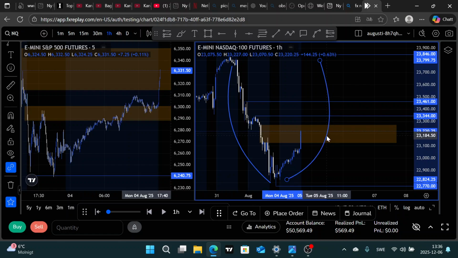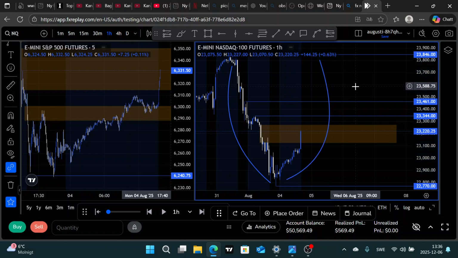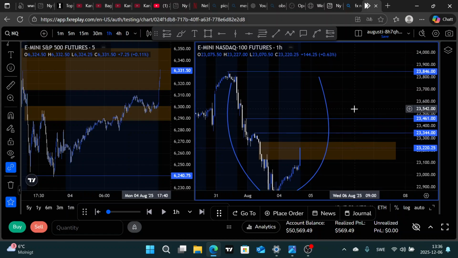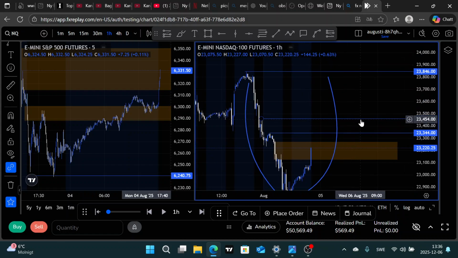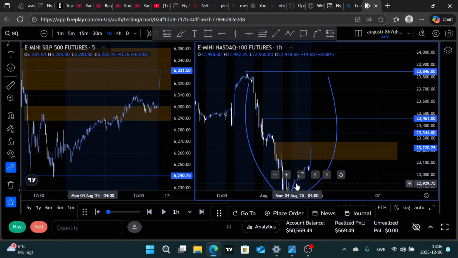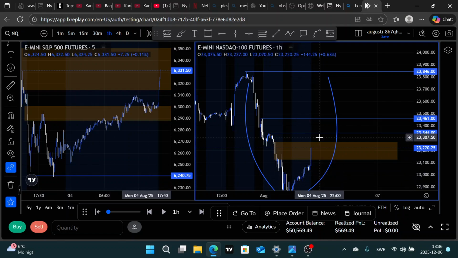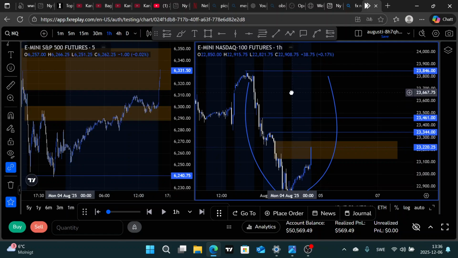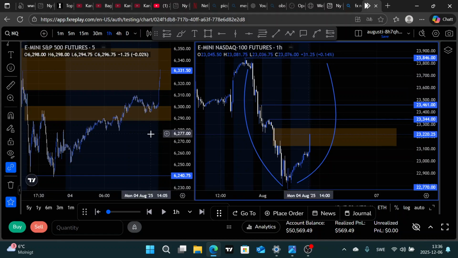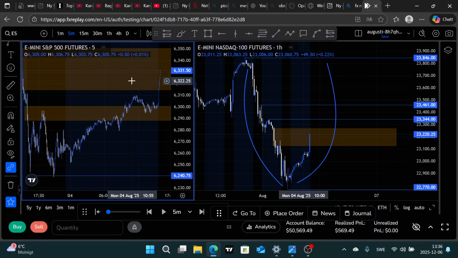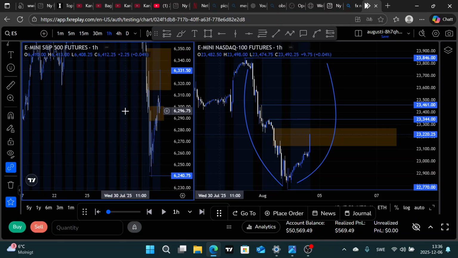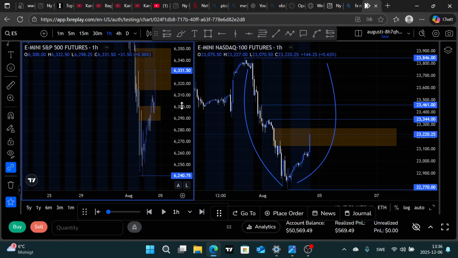Like this. Or it may be a pullback upside and then go down. We don't know yet. That's why I check here. I search for some SMT.